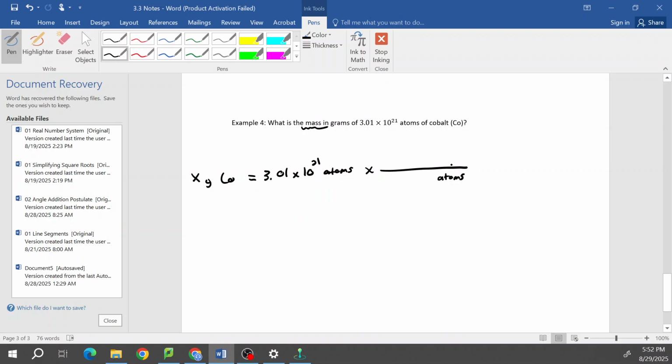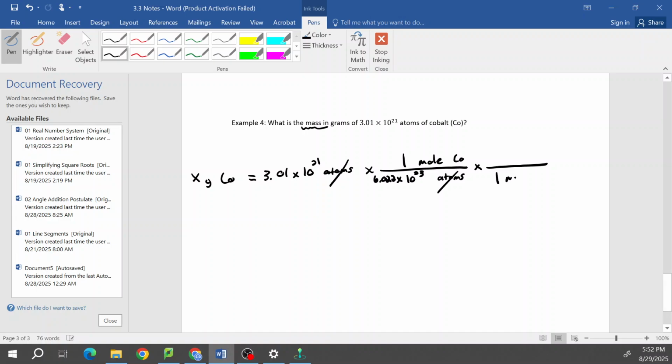Do I know a conversion involving atoms? Well, just like the previous example, I know that 6.022 times 10 to the 23 atoms is equal to 1 mole of cobalt. Okay, then I'm not finished yet because my atoms do cancel, but I'm left with moles of cobalt, and I'm actually looking for grams of cobalt, so I need to go one step further.